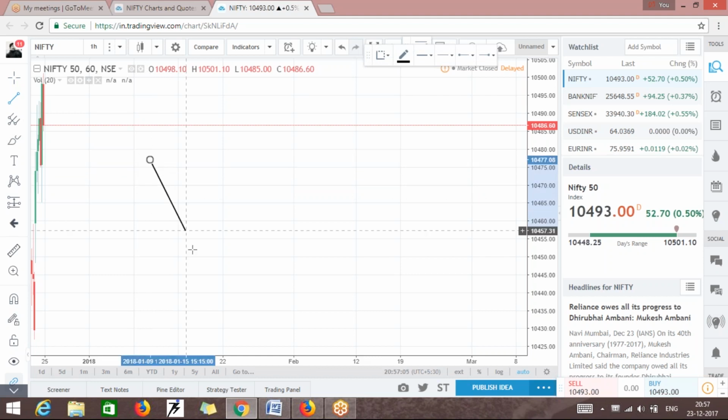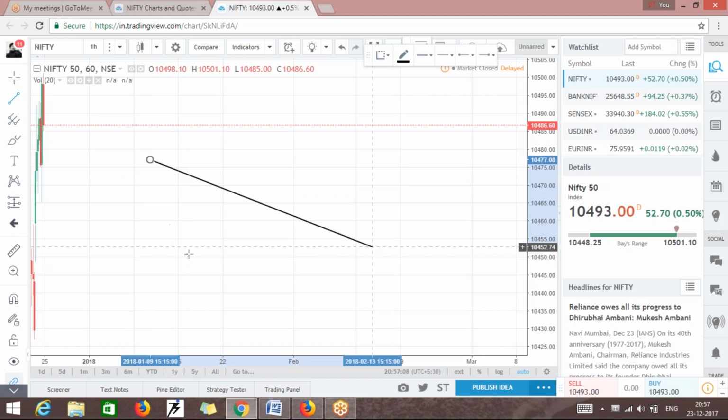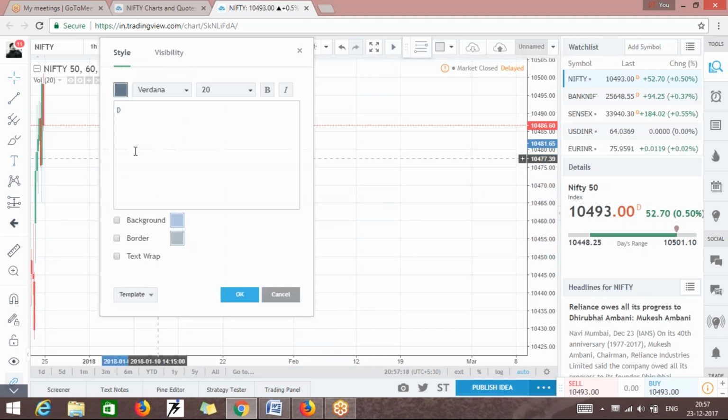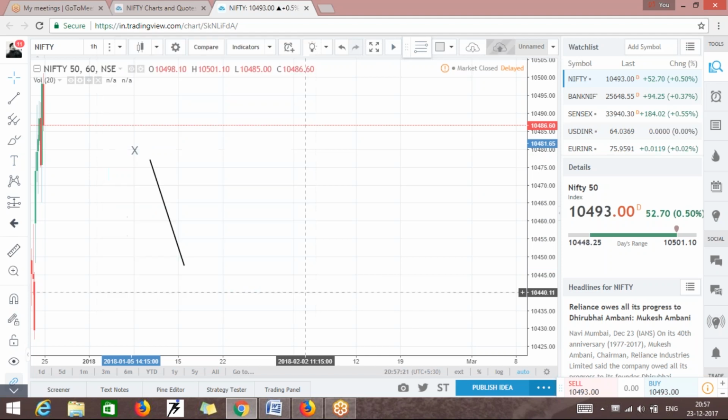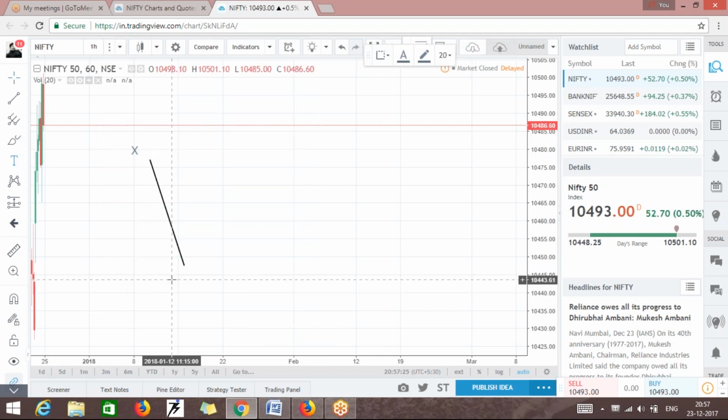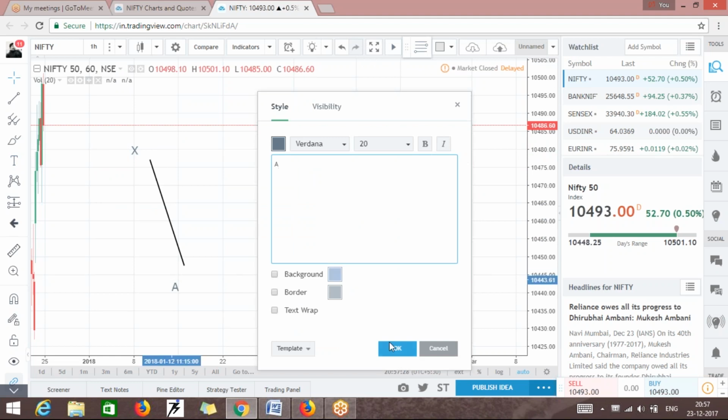Suppose this is the first line. So we got the first point, that is X and A. Here it is X, and here we have A.